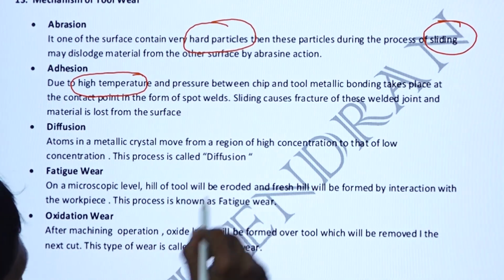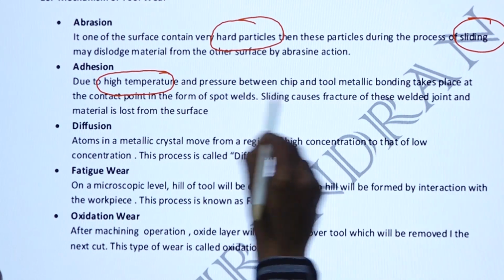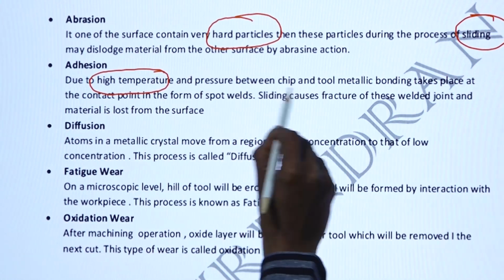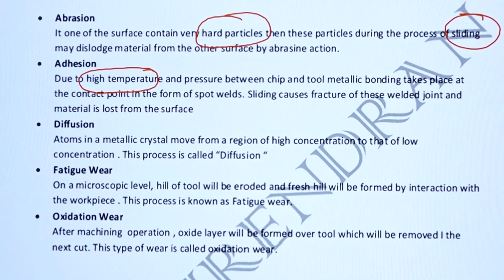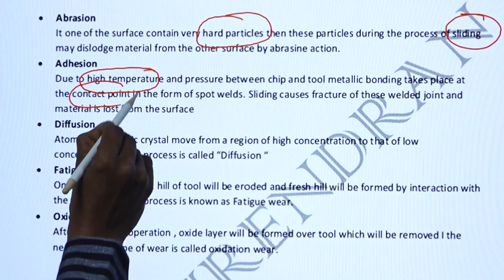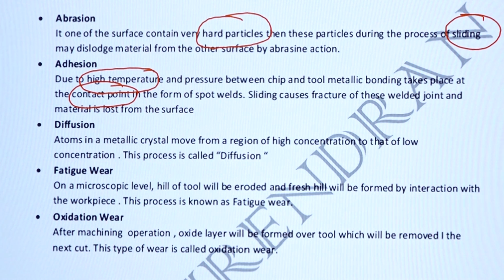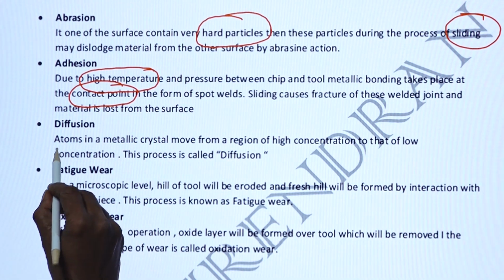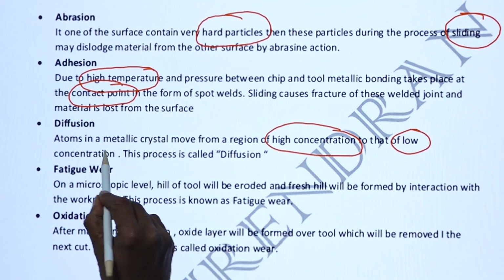The sliding causes fracture of the welded joint and material is lost from the surface. Because of pressure between the chip and tool, metallic bonding takes place at the contact point, with high temperature at the contact point. This is adhesion.